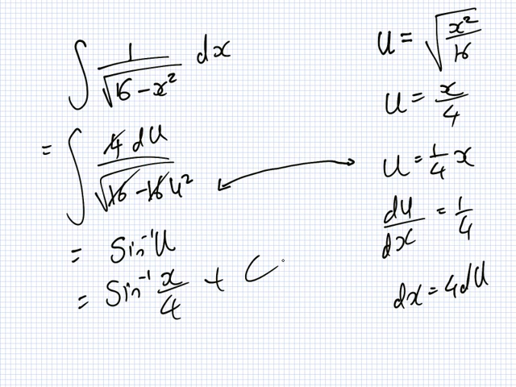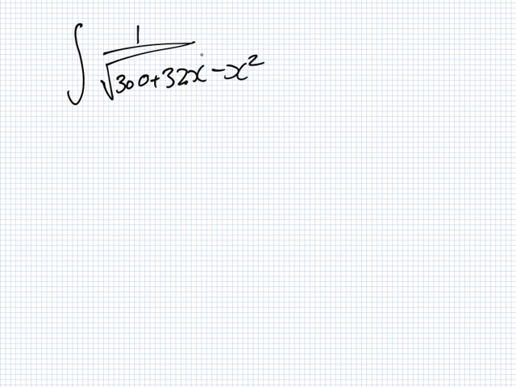Continue? Yeah? Okay. What about something like this? 300 plus 32x minus x squared.